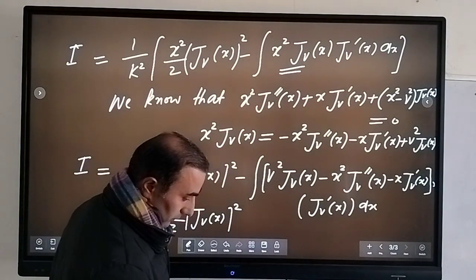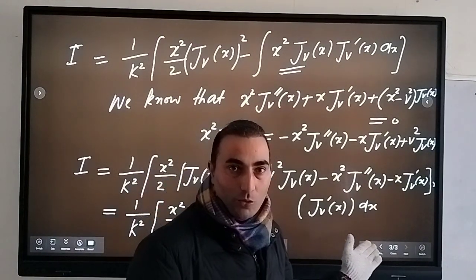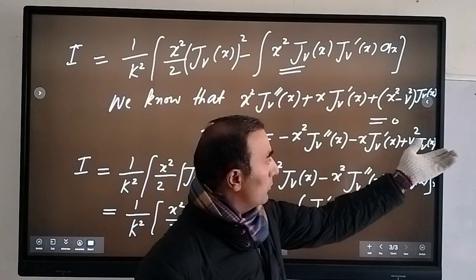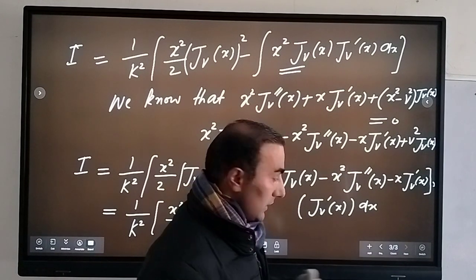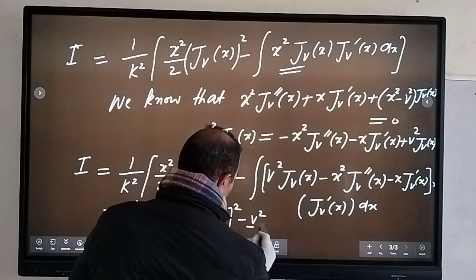And second term will be equal to, you can write this as, because v is an integer value. Like we are putting there n, so v is an integer, right? So you can write this as minus v square by 2.